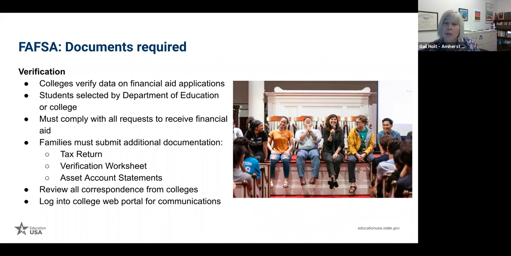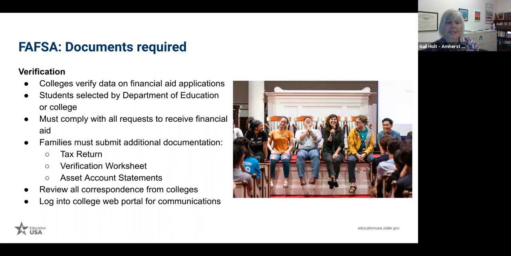They could be asking for a worksheet that confirms the family members and who's in college, or they could be asking for asset information. And as Marie pointed out, this whole process can feel very intrusive. But it's designed to make sure that students do have access to the resources that they need to attend higher education. And because resources are limited, it's really important that colleges are able to do this in an equitable way that tries as best as possible to distinguish families' financial ability.